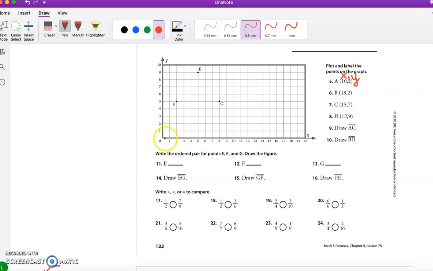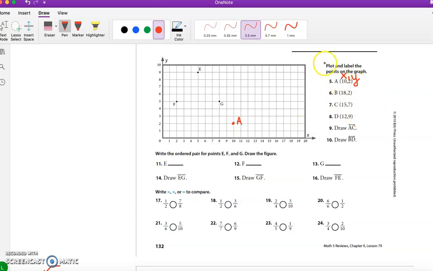So what does that mean? For point A, I need to move 10 across and 2 up. So this will be my point A. However, don't forget to label them. If you just draw the dot and do not label it, I do not know which one you're doing.